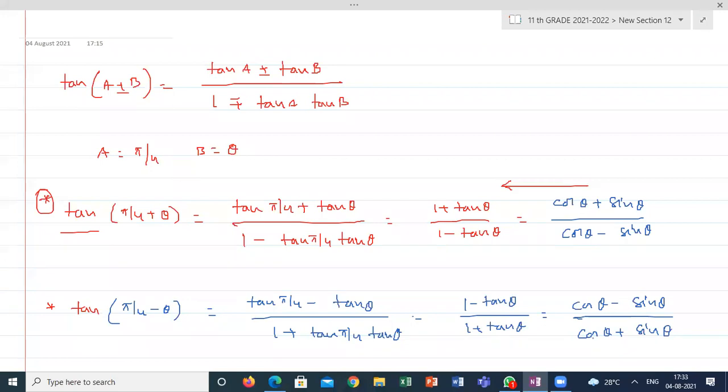Will you accept? These both are reciprocals of each other. Yes, sir. Because if I take 1 plus tan theta as A and 1 minus tan theta as B, this is B by A. The reciprocal of the first expression is the second expression.